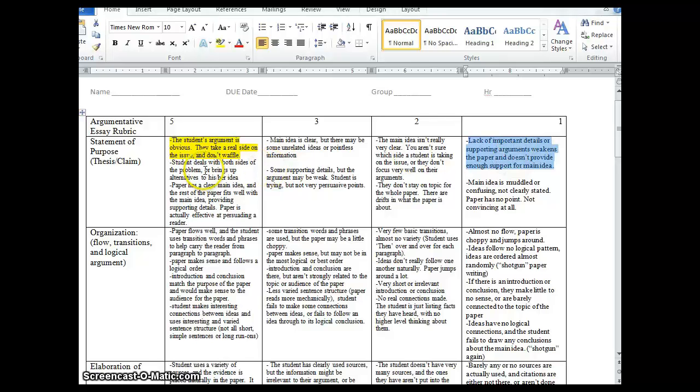Okay, student deals with both sides of the problem or brings up alternatives to his or her idea. When you're reading the paper, make sure that your partner or your peer has dealt with both sides. So they can't just address Columbus as the discoverer.